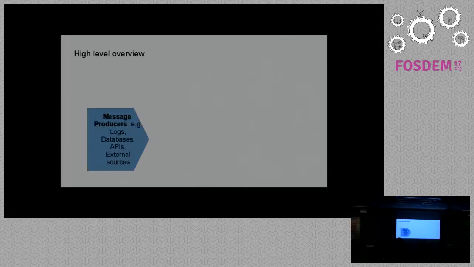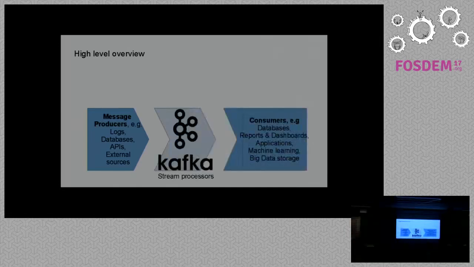They all write their information in Protobuf to your Kafka cluster, where you have streaming processors that enrich, join, filter, aggregate, all the usual stuff with your topics and create new topics with the output. And that one can go to your various consumers, for example, databases, reports, dashboards, other applications, machine learning, or storing it in Hadoop, for example.